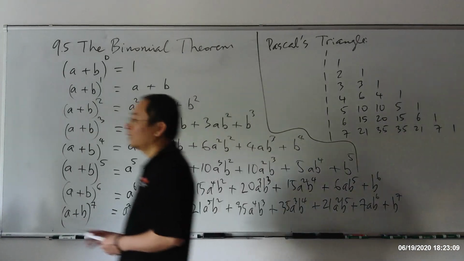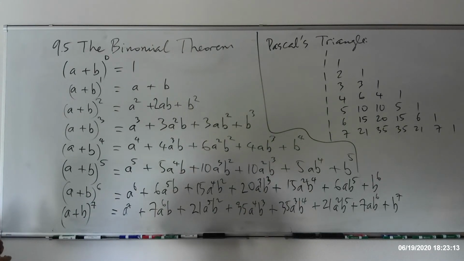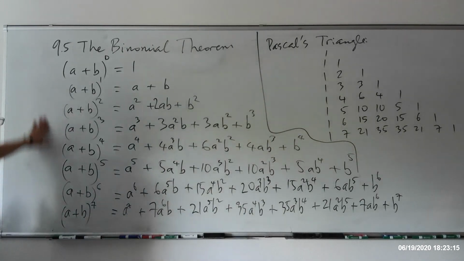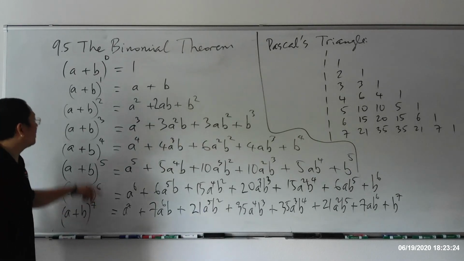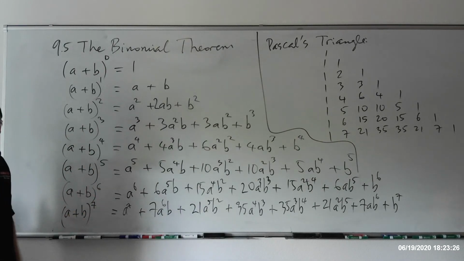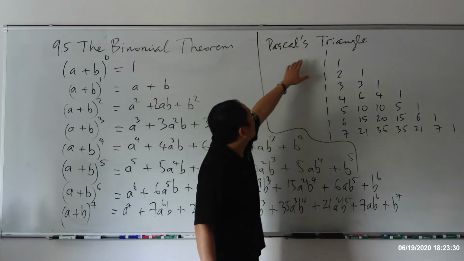Okay, so you guys see the first couple equations for the binomial theorem, but I haven't shown you the general rules yet for a plus b to the n. For first couple terms with small exponent like 1, 2, 3, 4, 5, 6, you can use something called Pascal's triangle.